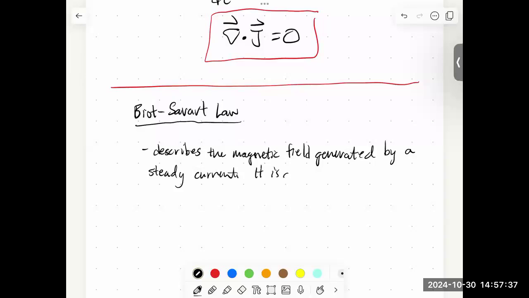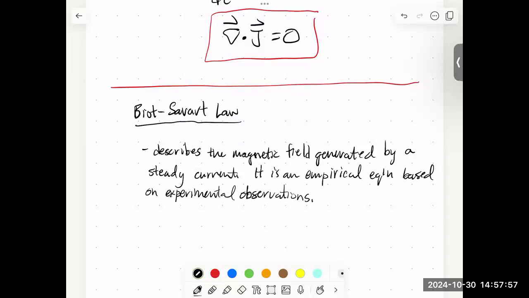So it is an empirical equation based on experimental observations, in the same way, for example, that Coulomb's law was based off of experimental observations. We didn't derive Coulomb's law, we just wrote it down.